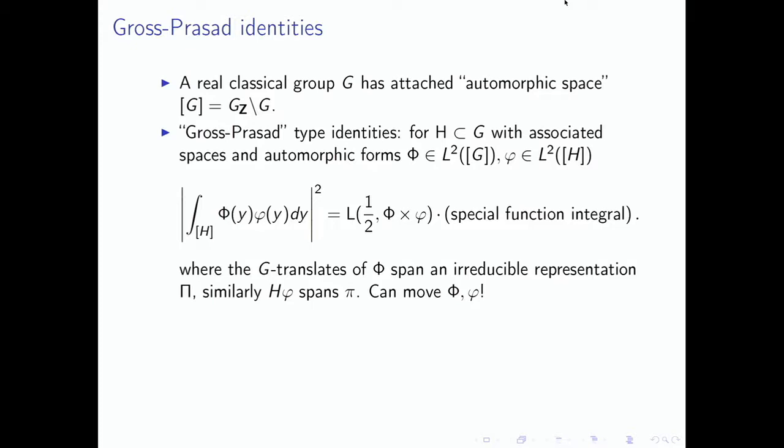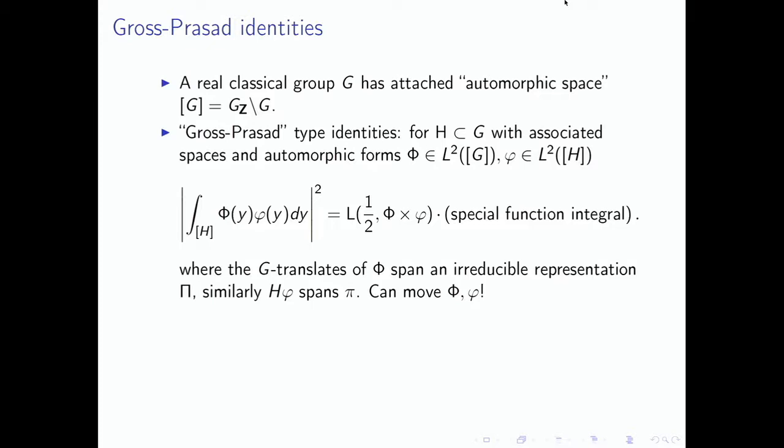You restrict the form on the large group down to the small one and integrate one against the other. When you square that, you're supposed to get a central value of an L function, multiplied, as always, by a special function integral.